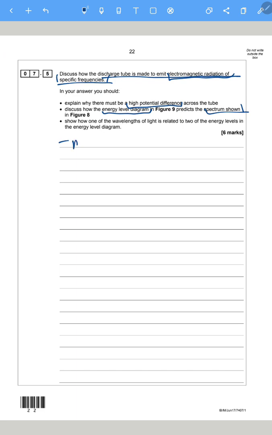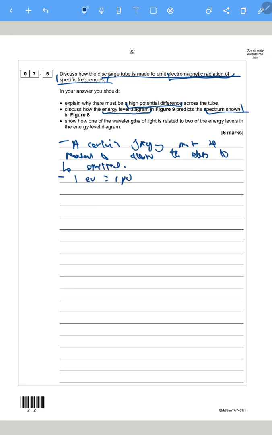So a certain frequency must be reached to allow the electrons to be emitted. 1 eV equals 1 PD, therefore there will always be a high PD across the tube.